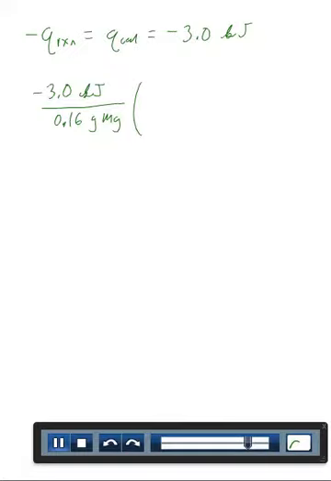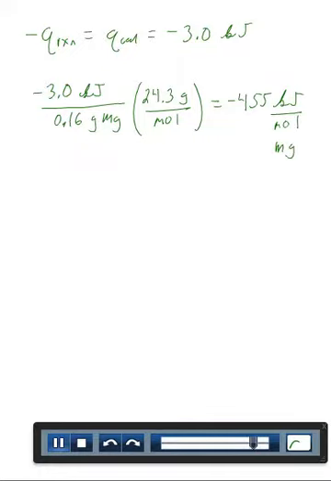We can convert that to moles of magnesium by using its molecular weight. So this will give us negative 455 kilojoules per mole of magnesium.